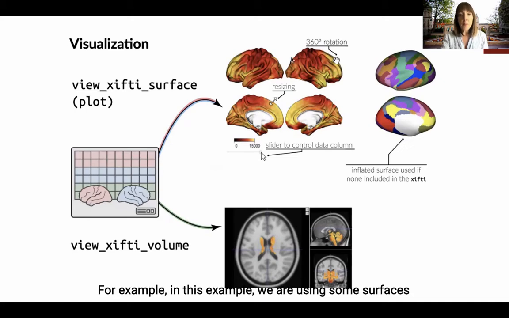In this example, we are using some surfaces that were read in along with the CIFTI file that correspond to maybe an inflated subject-level surface. But if we don't provide surfaces, there are default very inflated surfaces that can be used for visualization instead. And later I'll show an example through a demo of these types of visualizations.